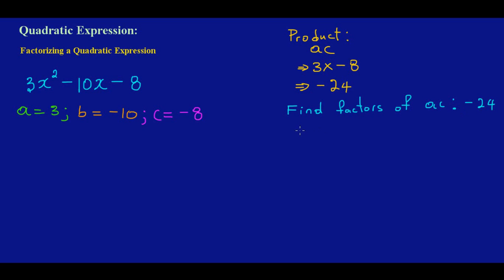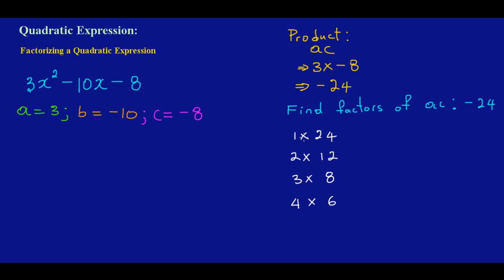So factors of 24 are 1 times 24, that's one factor. Then I have 2 times 12, and 3 times 8. Other factors of 24 are 4 times 6. So here are some factors of 24.